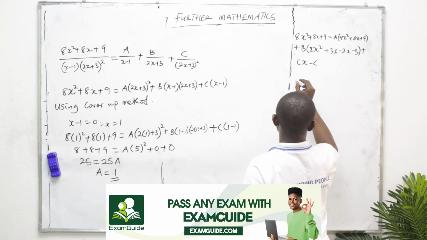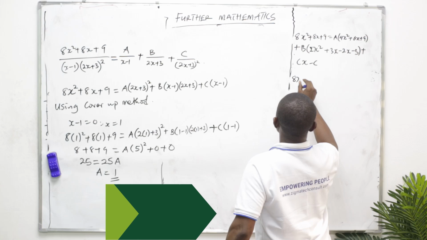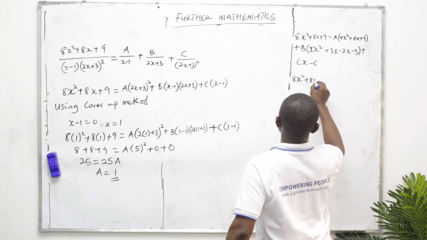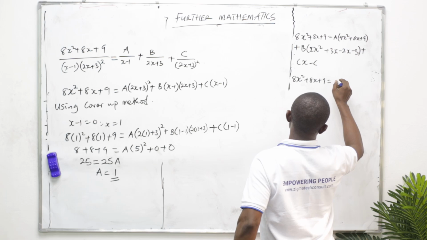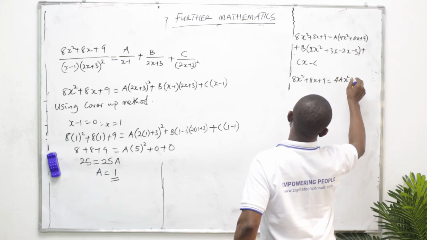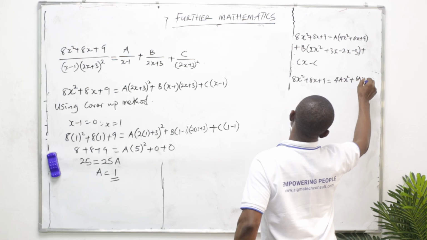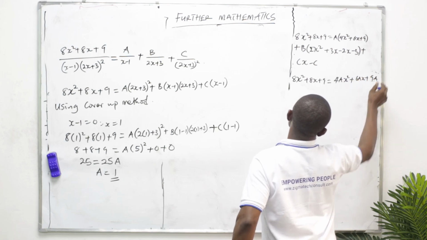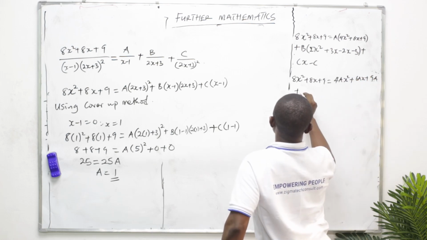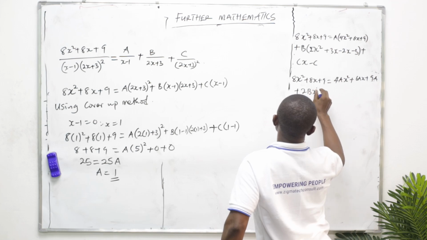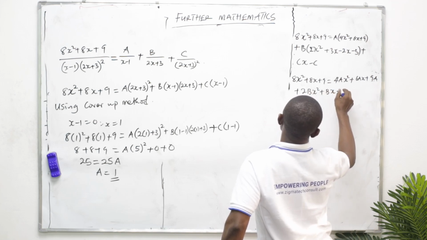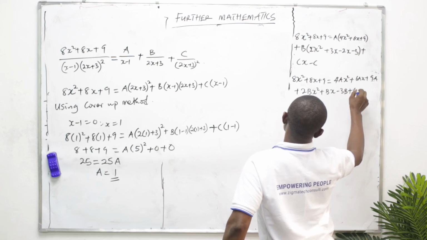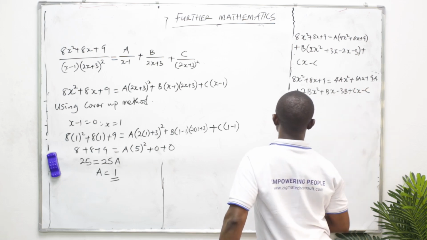So 8s squared plus 8s plus 9 equals 4as squared plus 6as plus 9a plus 2bs squared plus bs minus 3b plus cs minus c.